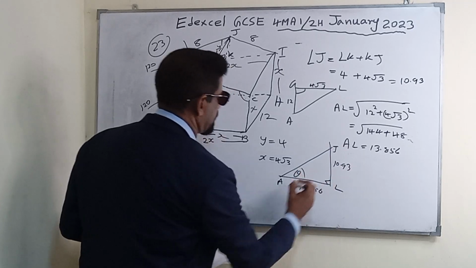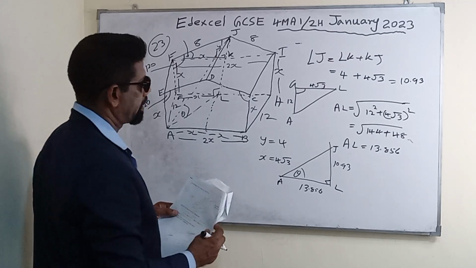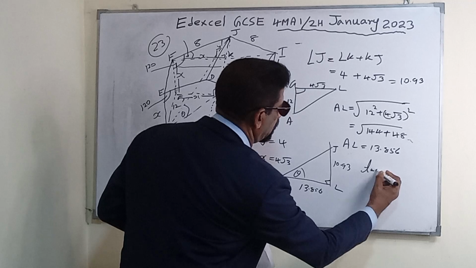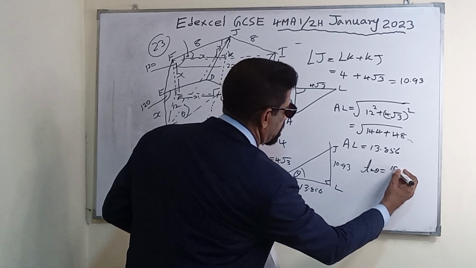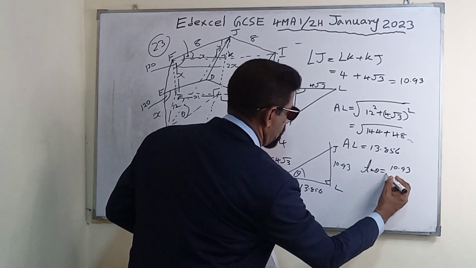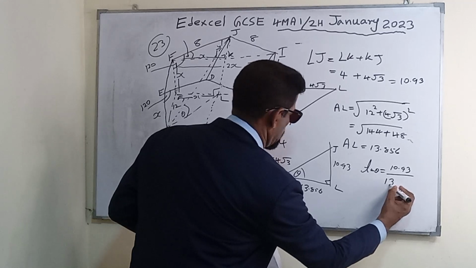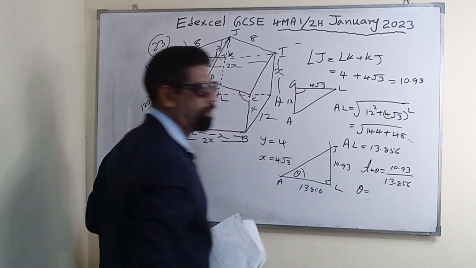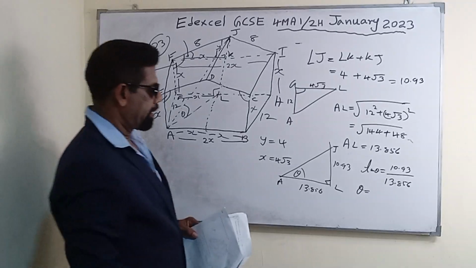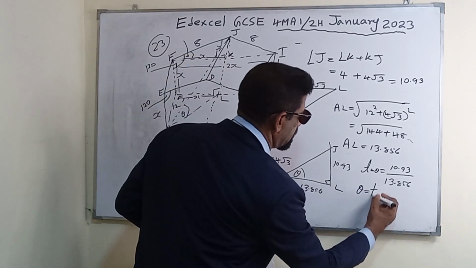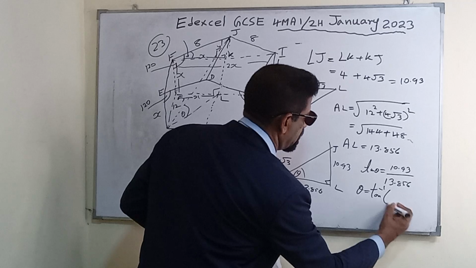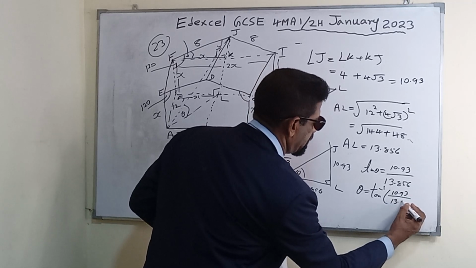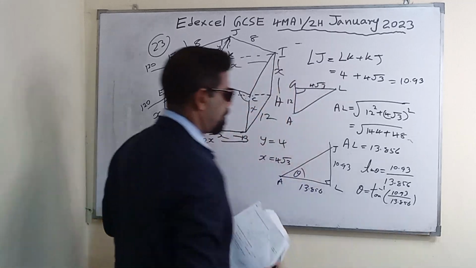This is a tan question: tan theta equals opposite over adjacent, 10.93 over 13.856. So theta equals tan inverse of 10.93 over 13.856.